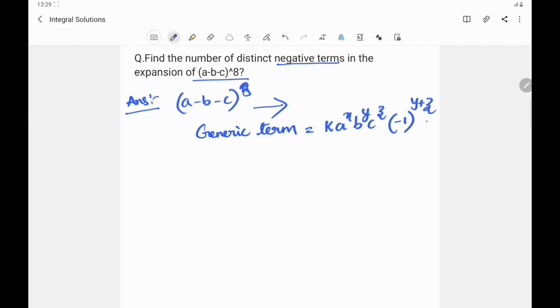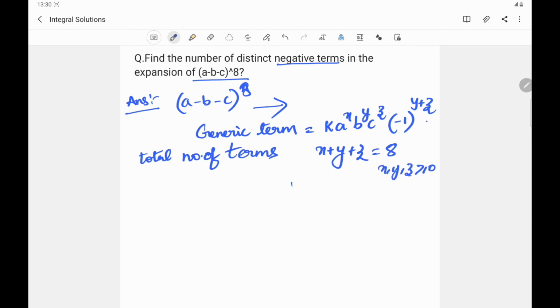Now the total number of terms would be when x plus y plus z is equal to 8, where x comma y comma z is greater than or equal to 0, so this is getting converted into k1 plus k2 plus k3 as 11.